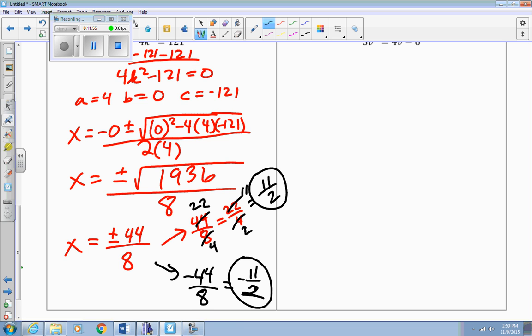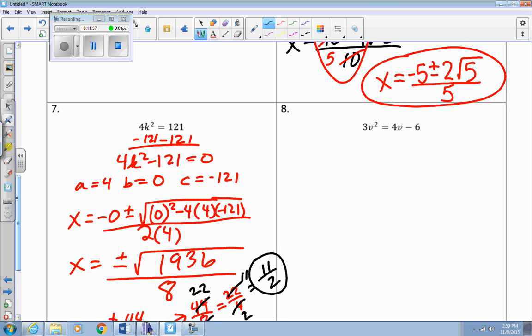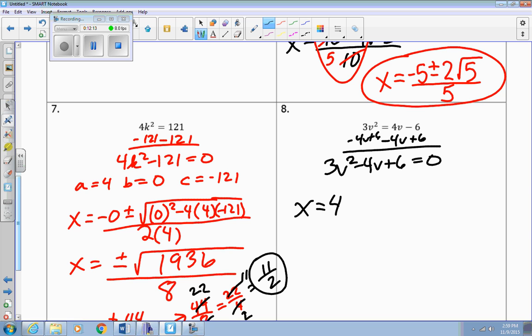And our last problem in this section. We set it equal to 0: 3b squared minus 4b plus 6 equals 0. Opposite of b, so now it's positive 4 plus or minus the square root of b squared, put it in parentheses, minus 4 times a times c, all over 2 times a.